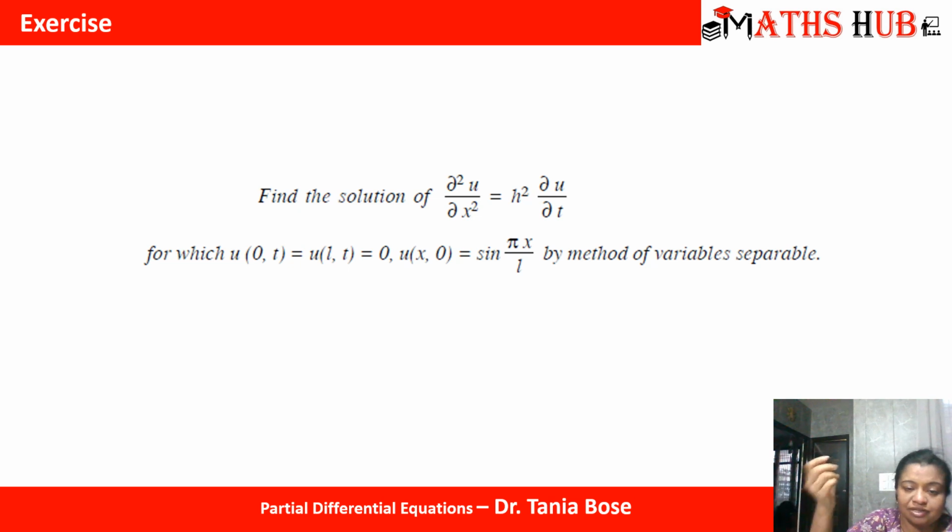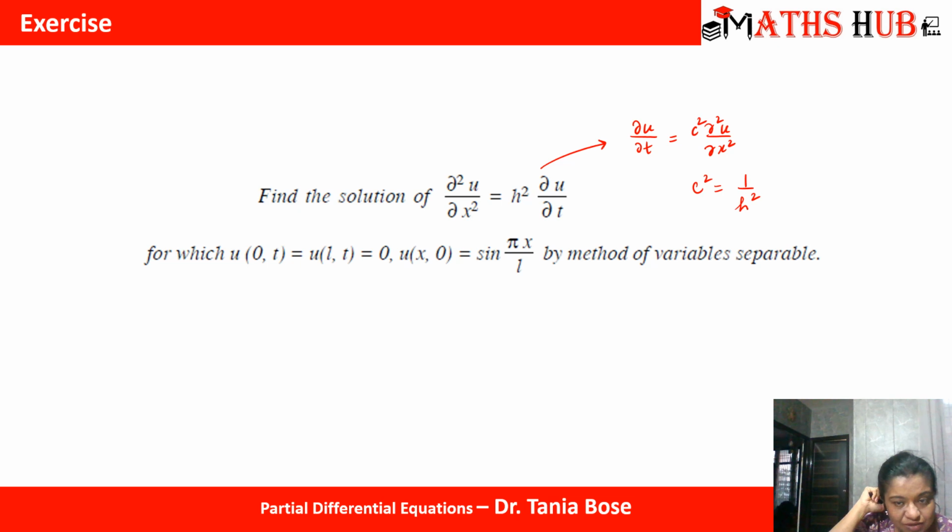The only difference in this equation: the heat equation is del u by del t equal to c square del square u by del x square. So the first change is that c square has been replaced with 1 by h square, right? Wherever in your solution you are getting c square, you will replace it with 1 by h square, right? That is the first change.